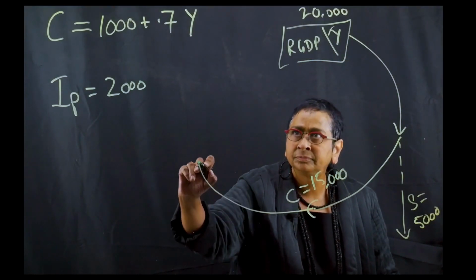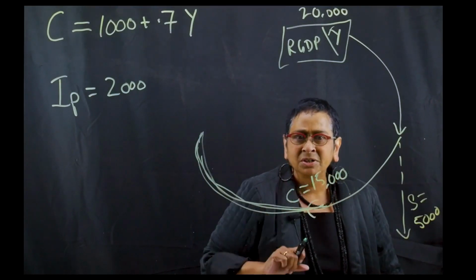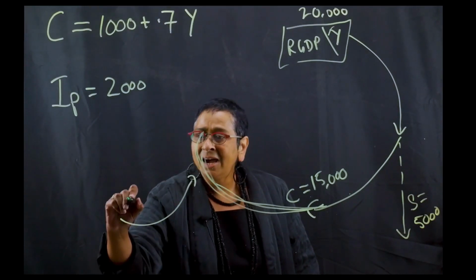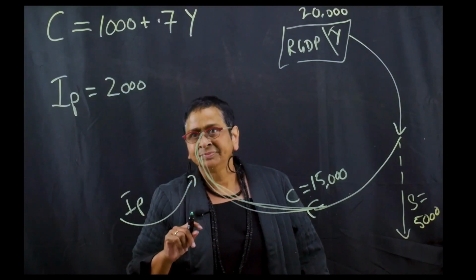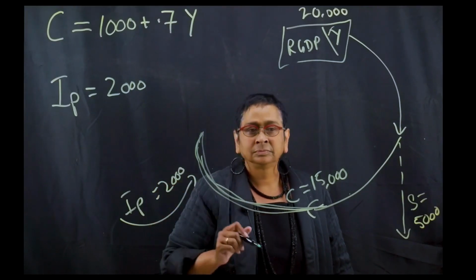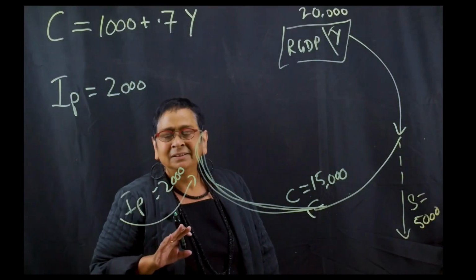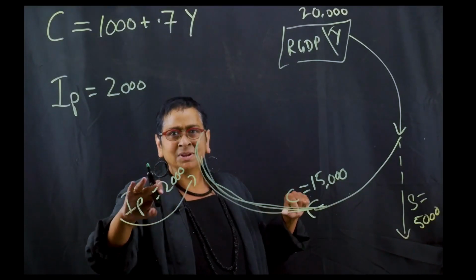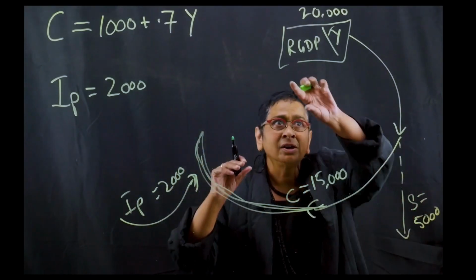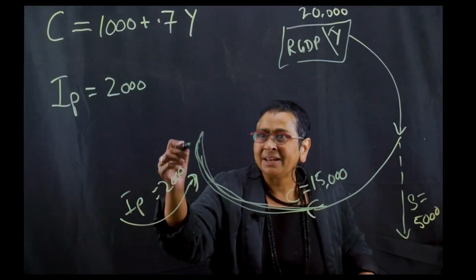Continuing on, to the planned consumption of 15,000 that the households consume, I'm going to add a planned expenditure by firms of 2,000, because I view this as entering the flow, at least visually. I'll sometimes end up calling this injections. Think of it like a pipe with the savings leaving and the planned investment coming in.